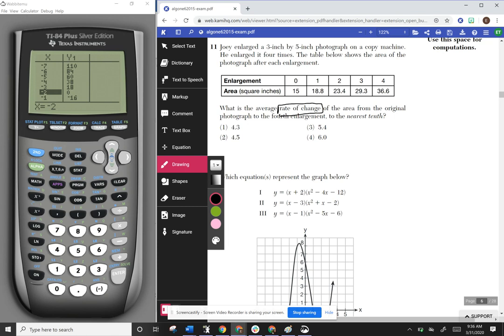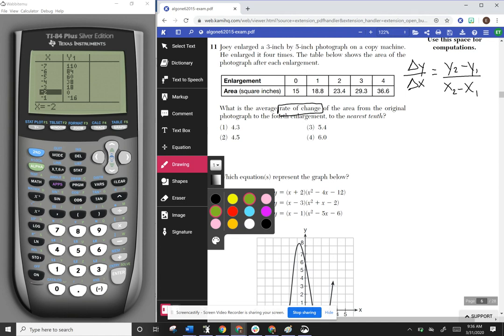So it might be helpful for us to remember the formula here. We know that the rate of change formula is the change in y divided by the change in x. So delta y divided by delta x, or many of you may have seen this as y2 minus y1 divided by x2 minus x1.